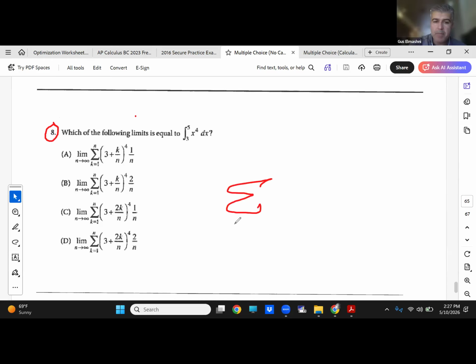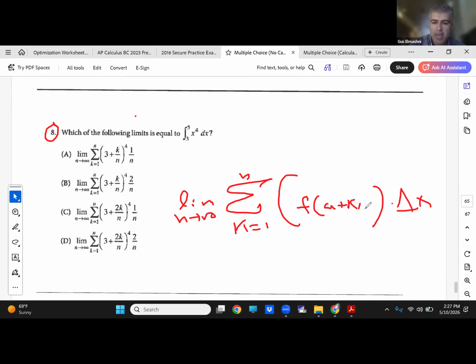when you have the Riemann sum, k equals 1 to n, limit as n approaches infinity, you have delta x on the outside. On the inside, it's f of a plus k delta x. That's what you want to think of.